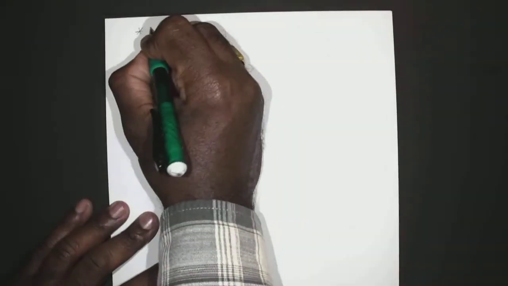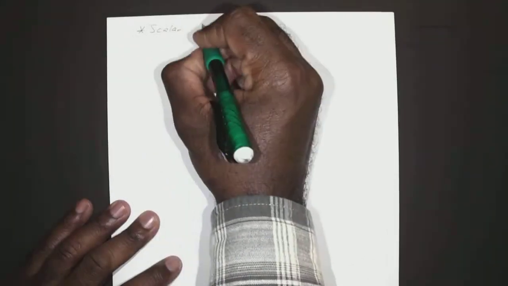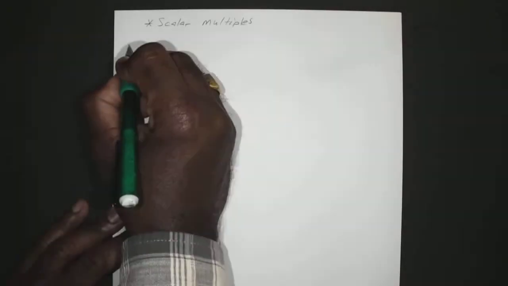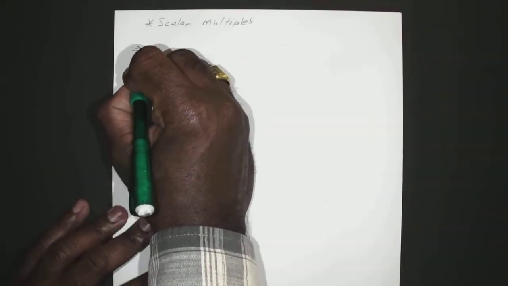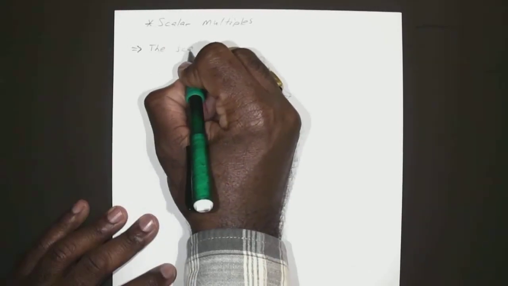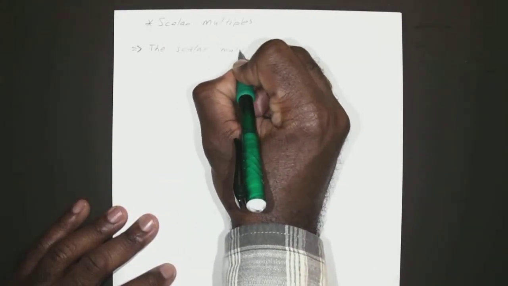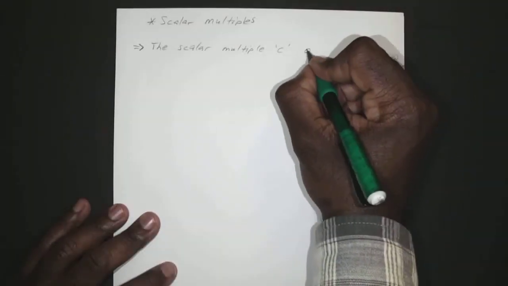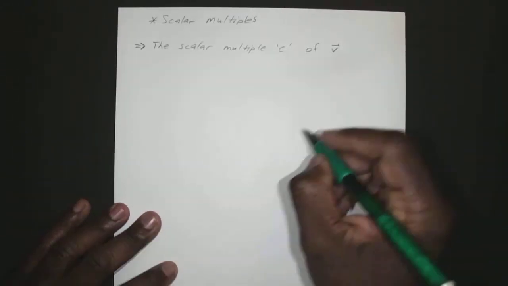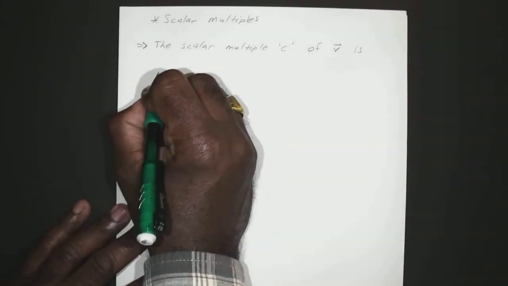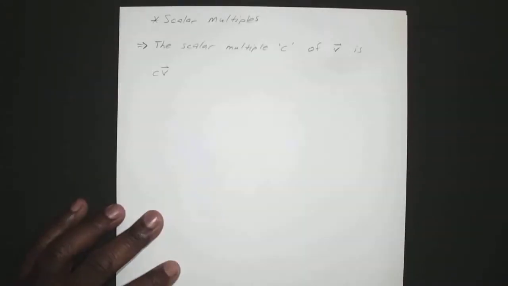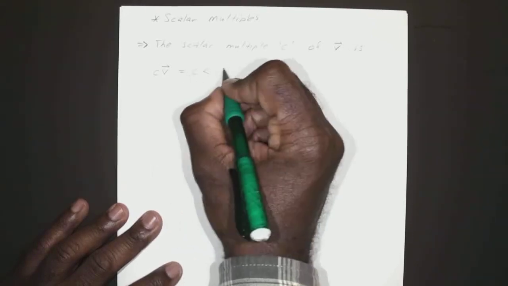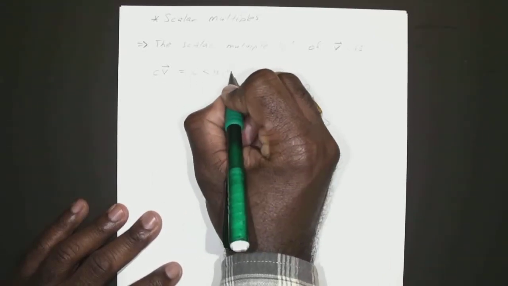Okay, so now we're going to look at scalar multiples. If we have the scalar multiple, and we'll say some constant c, of a vector v, so if we have some constant times the vector v, that's just that constant times the first component and the second component.